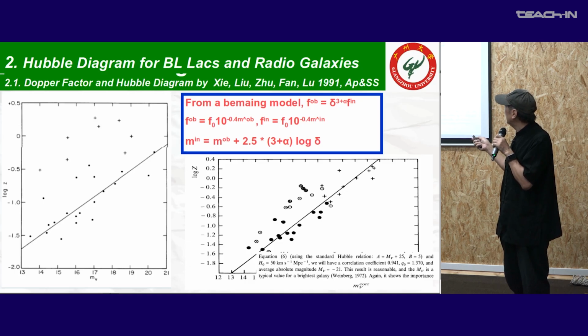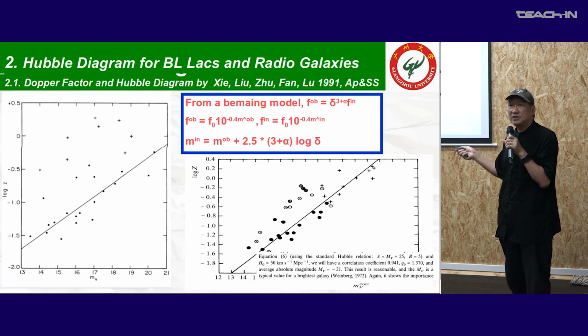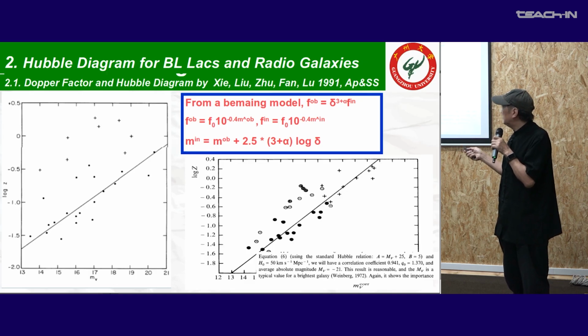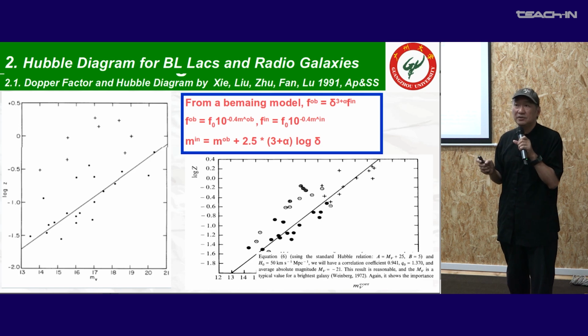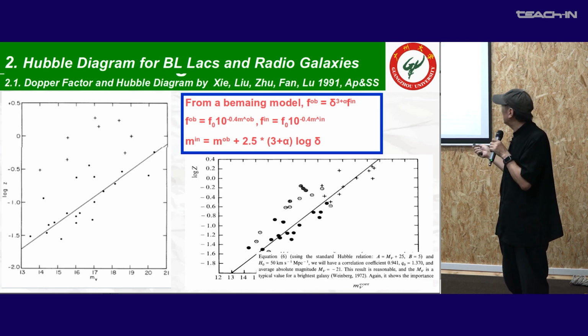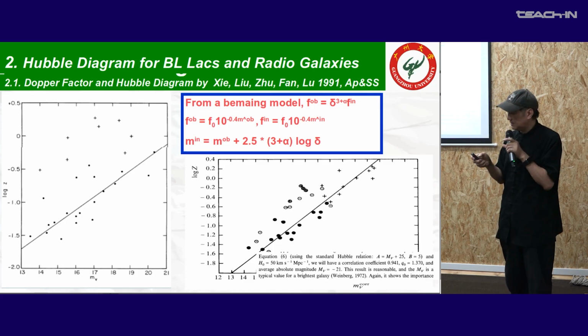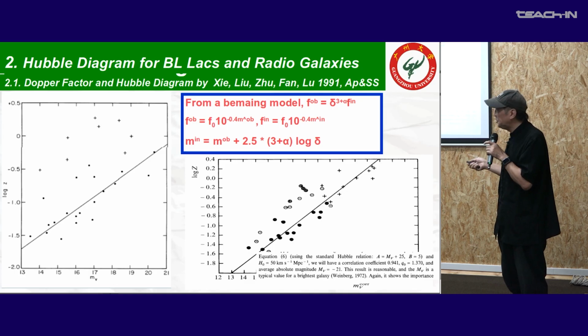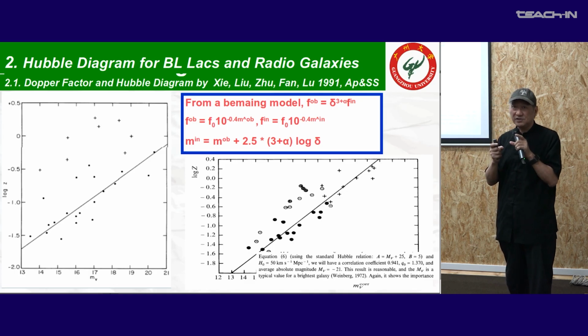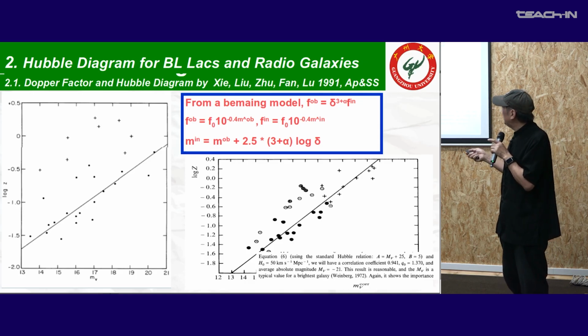So the intrinsic magnitude equals the observed magnitude plus this value. If we get the Doppler factor and the spectral index in the optical band, we can get the intrinsic magnitude from the observed magnitude. We found that the intrinsic magnitude is much larger than the observed magnitude.